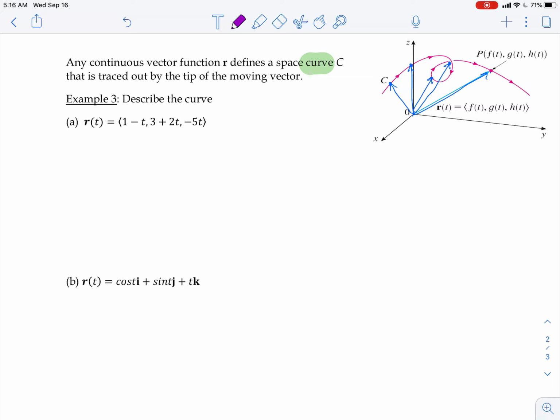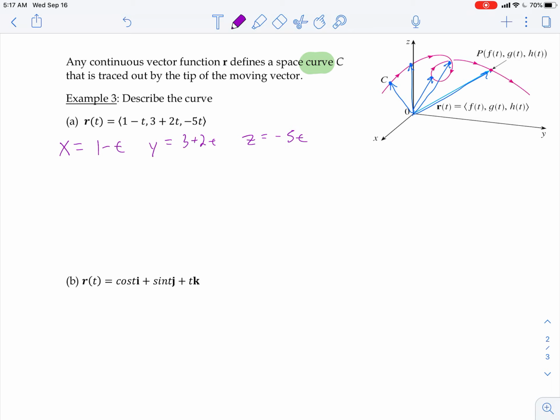The first thing that you always want to do, even when you're sketching, and I'm going to give you these rules in a second, is identify your x component, your y component, and your z component. So we have x equals 1 minus t, y equals 3 plus 2t, and z equals negative 5t. Normally what you want to do after this is use two components to sketch some type of surface, since we have 3 components.